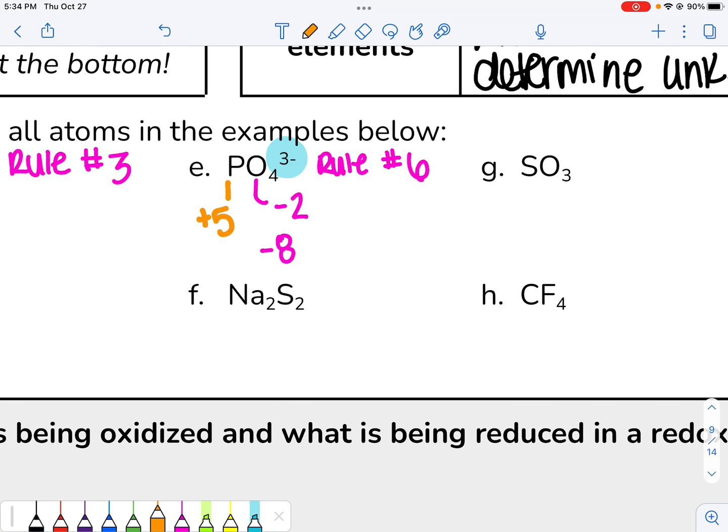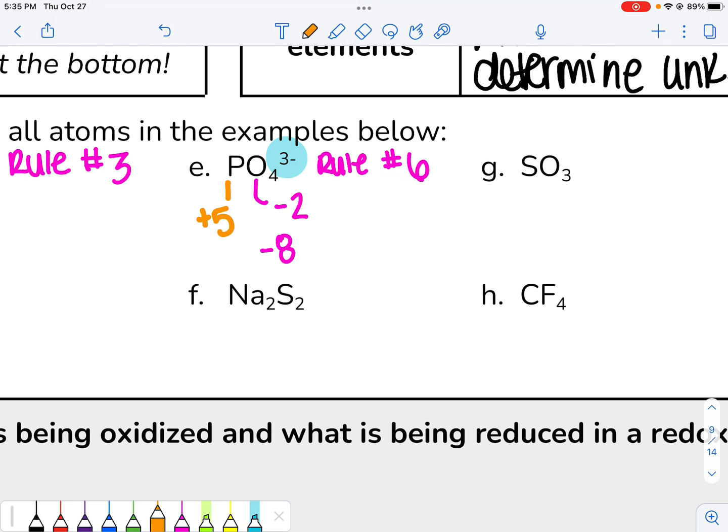This is telling us that when we sum 5 and then the -8 from oxygen, those two numbers summed together come out to -3. So when you have multiple atoms in a compound or in an ion like this one, you want to make sure that you're taking into account the oxidation state for each of the atoms in the compound.